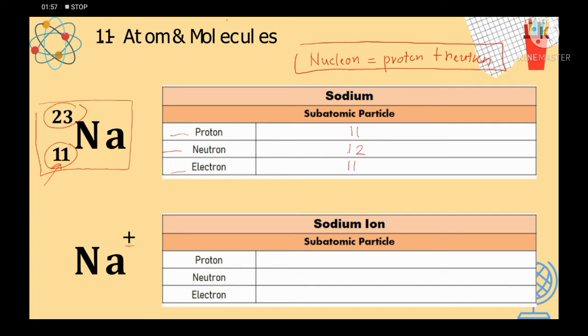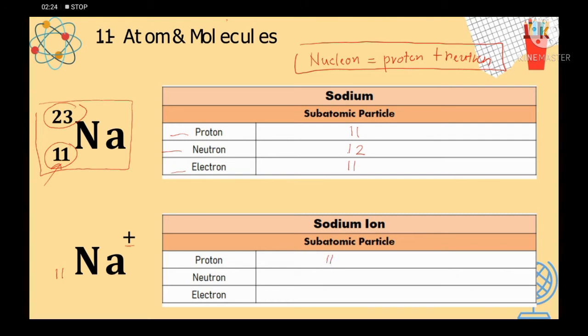Positively charged is made when an atom releases electron. The only thing involved when an atom converts to an ion is the electron. The difference is only in the number of electron. So the proton number remains the same, 11.